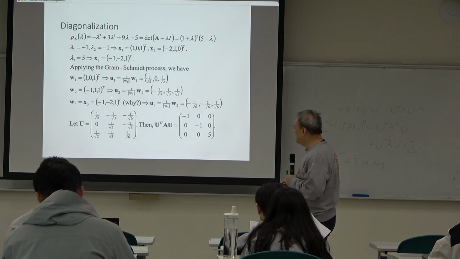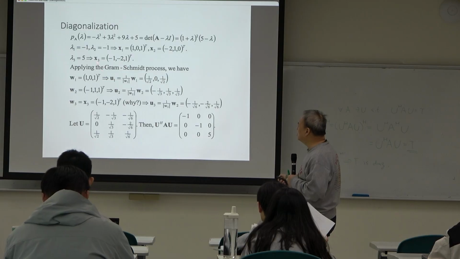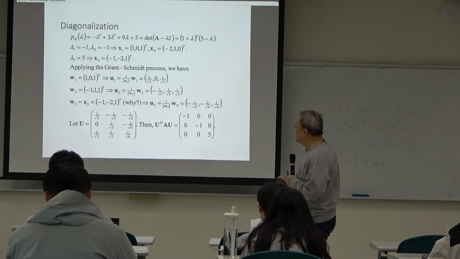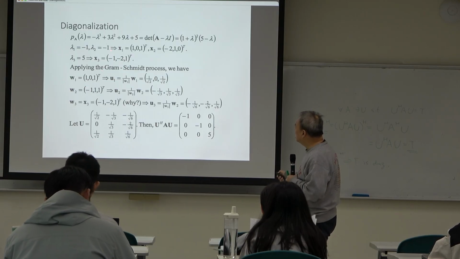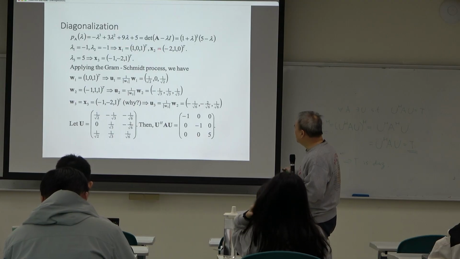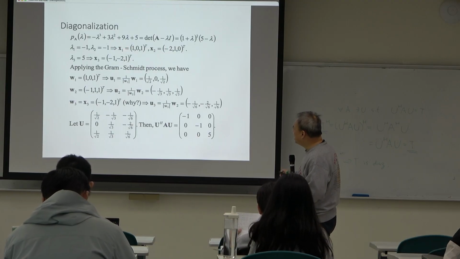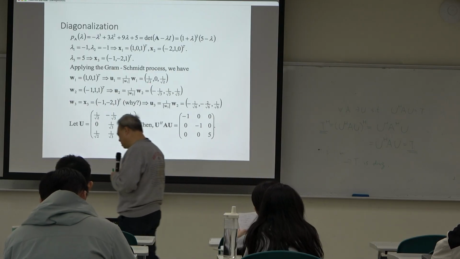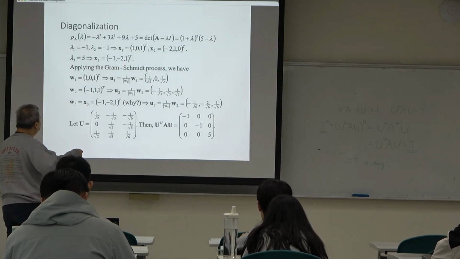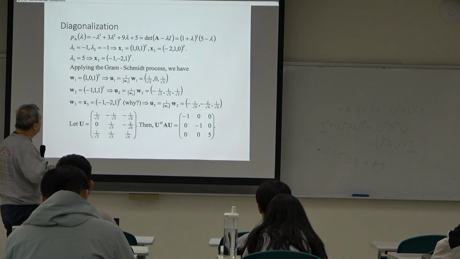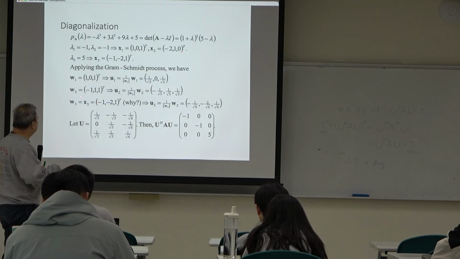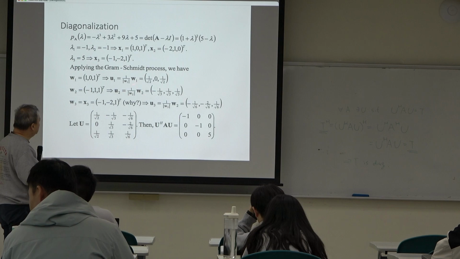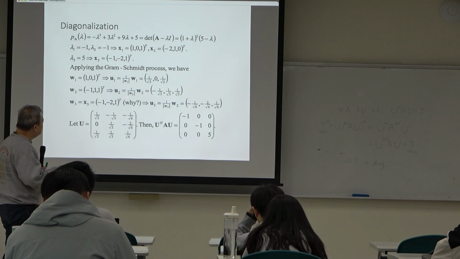You need to remove the projection of X2 on X1, and then you get W2, and then you need to make W2 a unit vector.